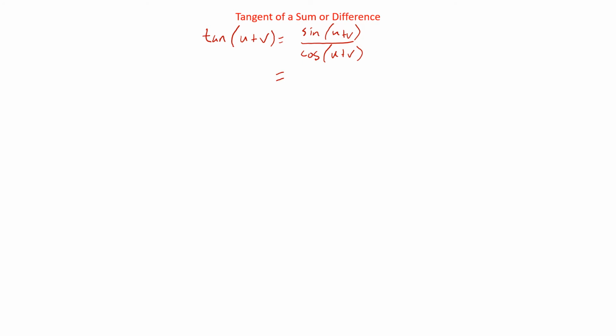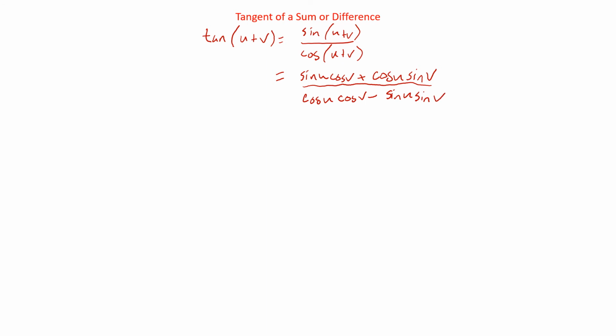So sine of u plus v is sine u cosine v plus cosine u sine v over cosine u cosine v minus, because we do have to switch the sign on that one, sine u sine v.